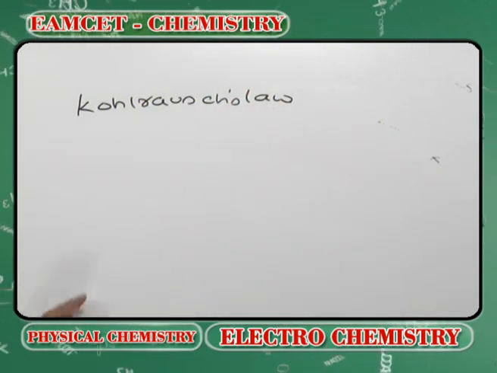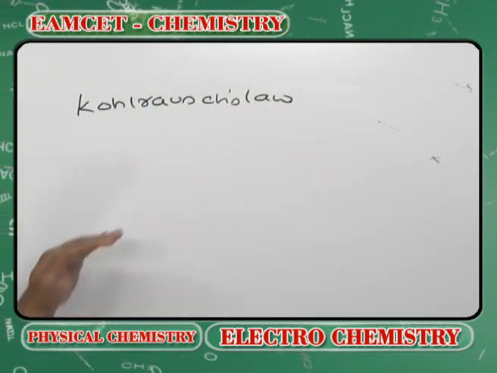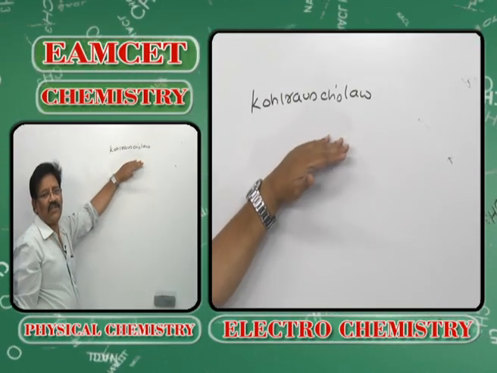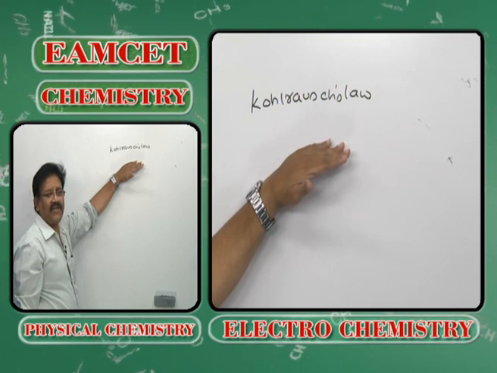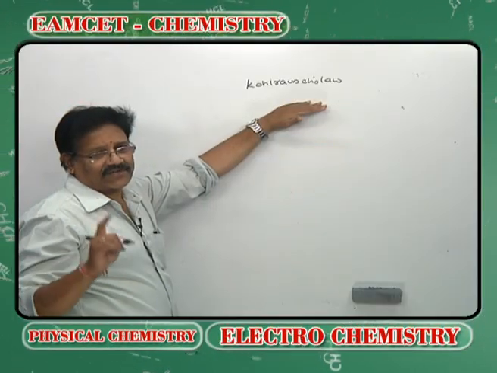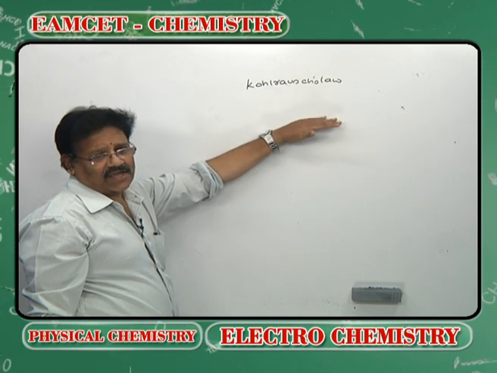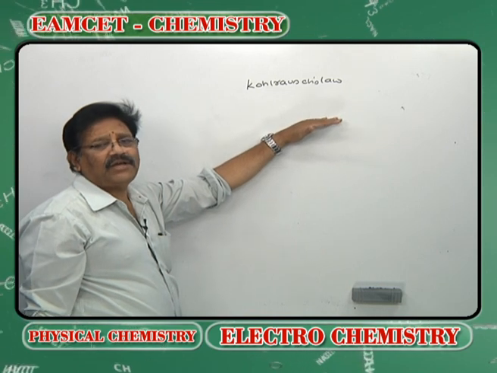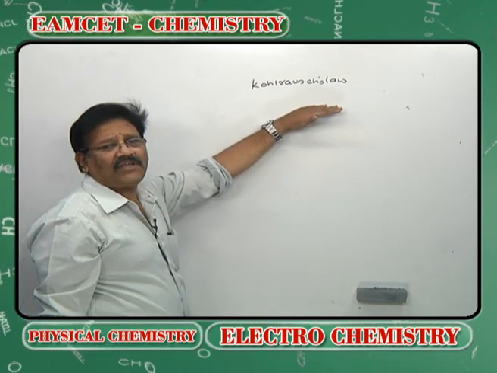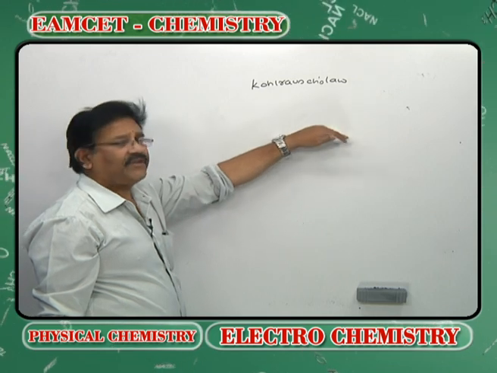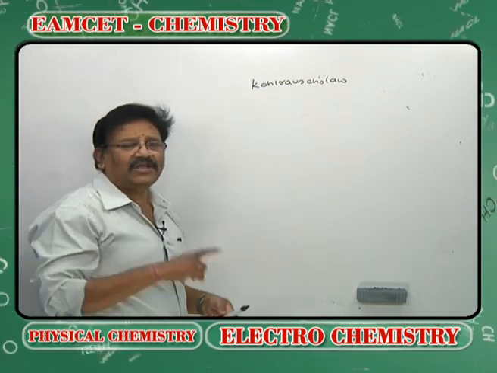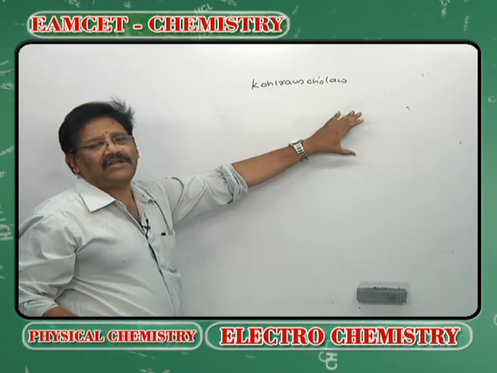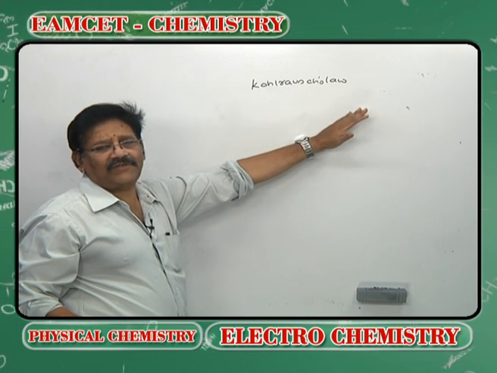types of conductivity, and Kohlrausch law is mainly proposed for the calculation of equivalent conductivity and molar conductivity of weak electrolytes at infinite dilution, because equivalent conductivity and molar conductivity at infinite dilution for weak electrolytes cannot be calculated using the graphical method.